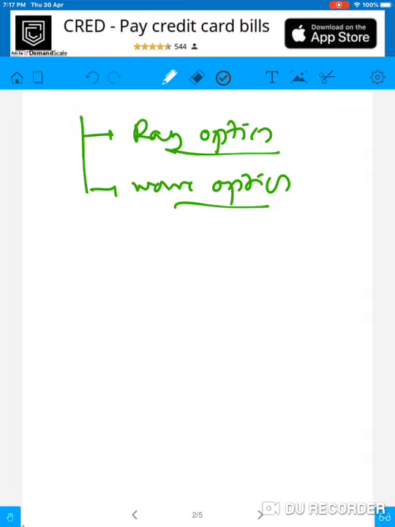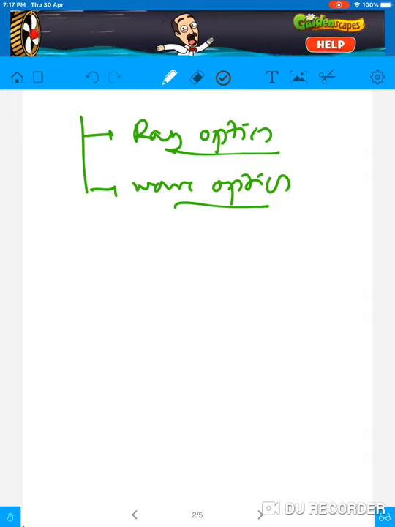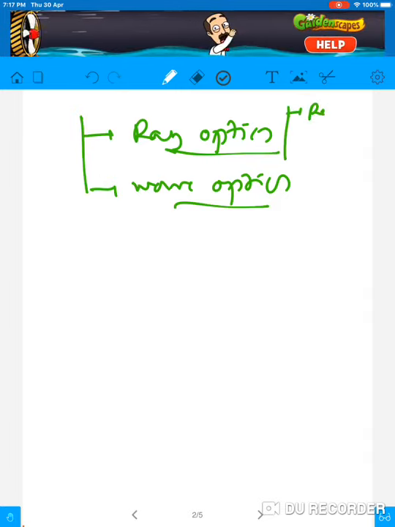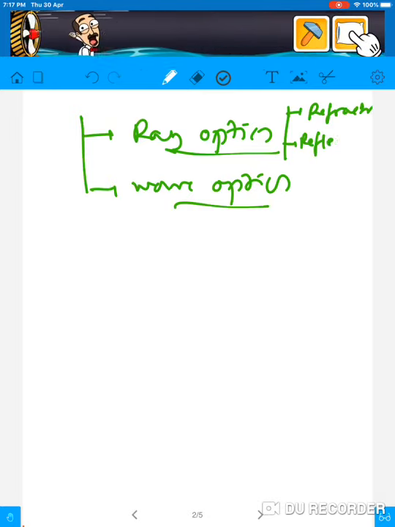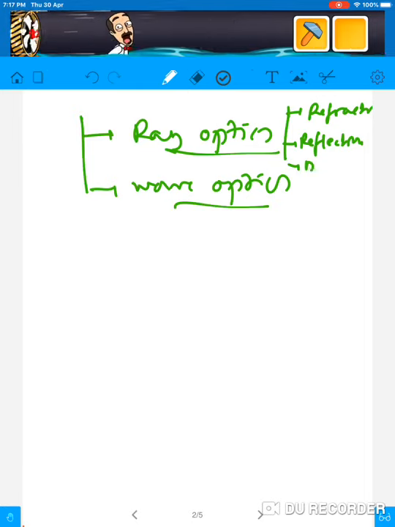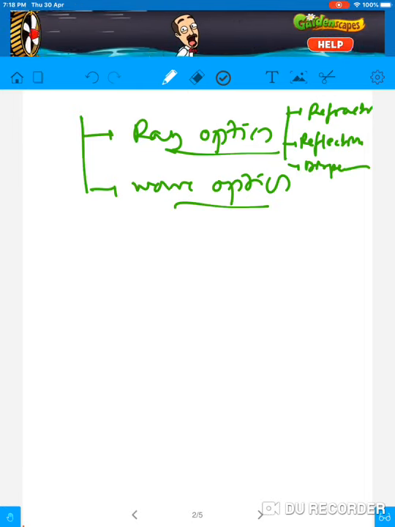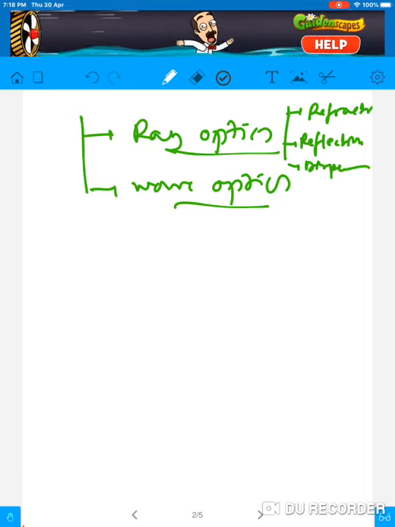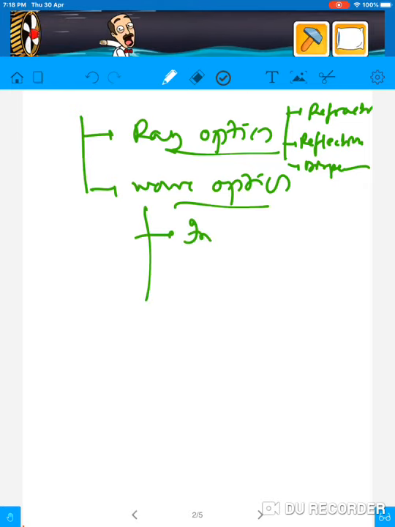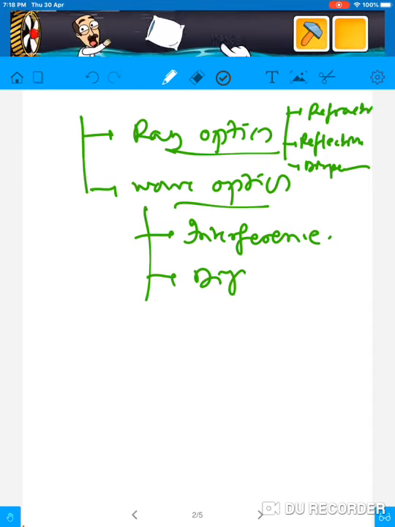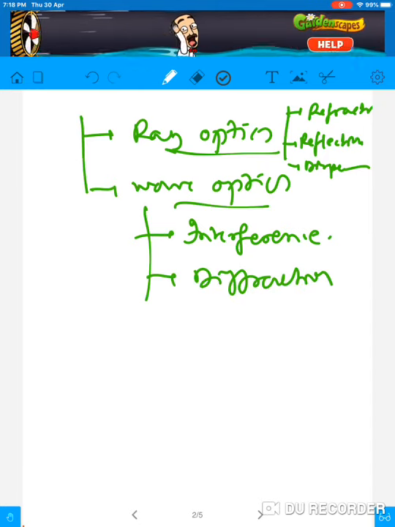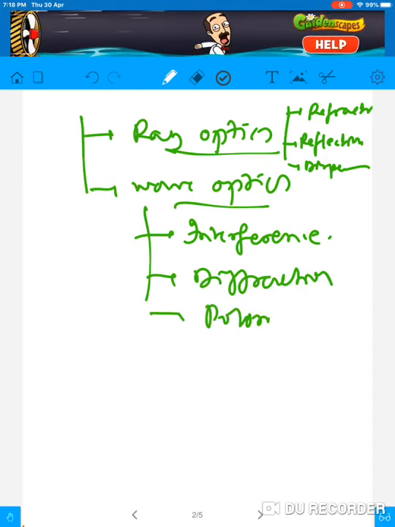In ray optics, we study phenomena like refraction, reflection, and dispersion, and so on. In wave optics, we study phenomena like interference, diffraction, and polarization.